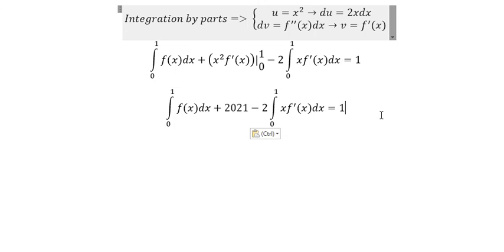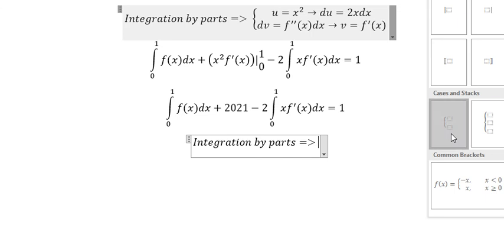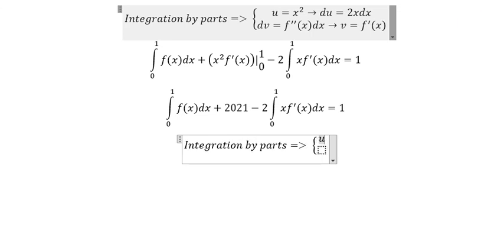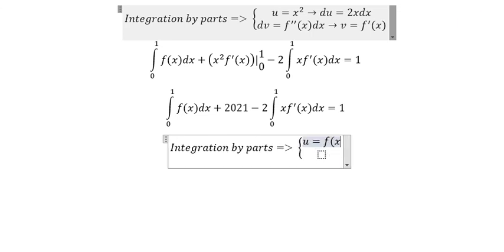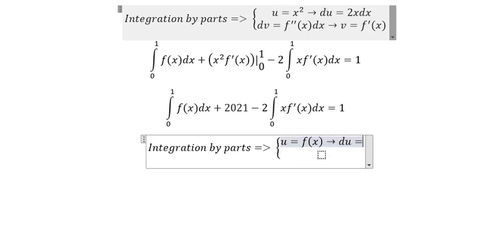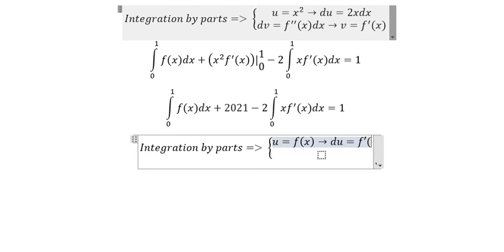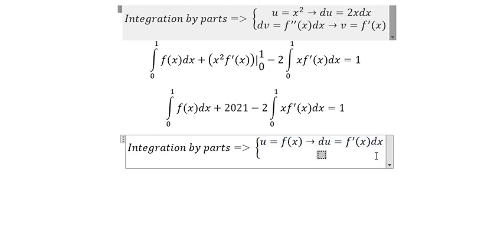Next, we need to use integration by parts for this one. So we have u and dv. u equal to f of s, du equal to first derivative of the function f of s ds, dv equal to ds, so we get v equal to s.